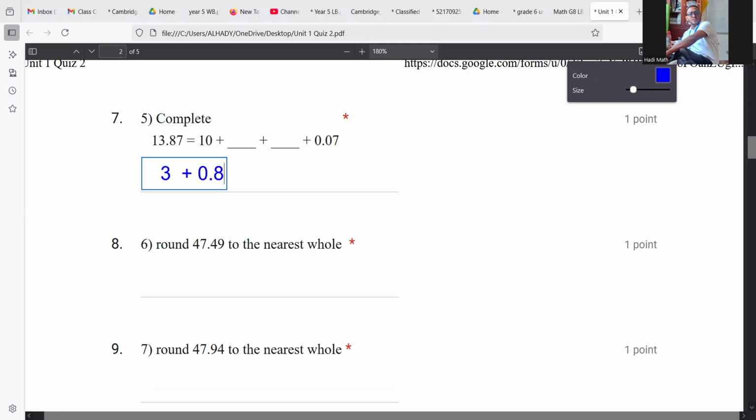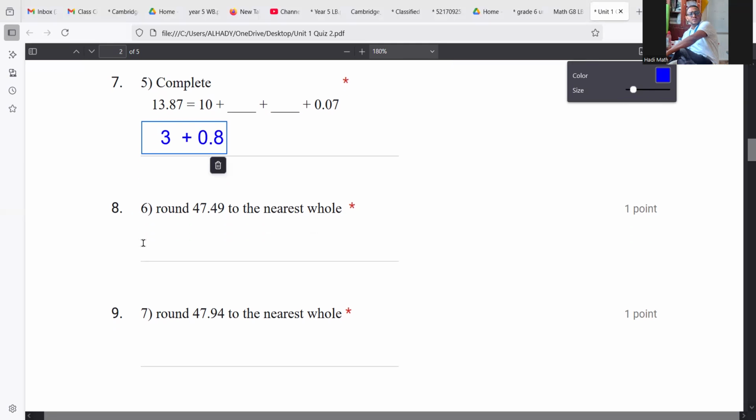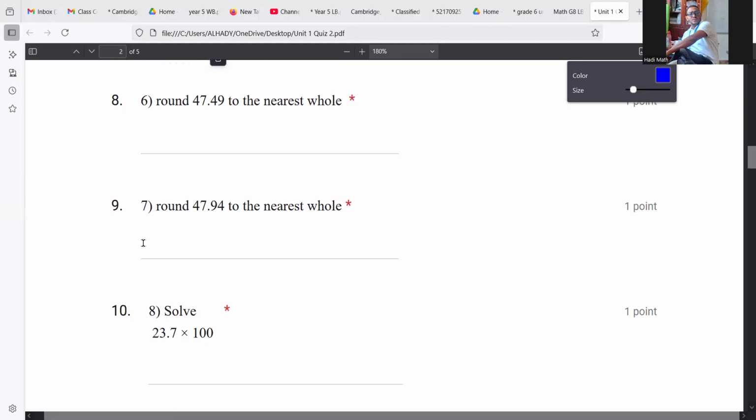That's all. They ask you to round this number to the nearest whole. The whole number is 47. We say we have the whole number and we have the decimal point. When you say 47.49, the 47 is the whole number and the 49 is the decimal part.